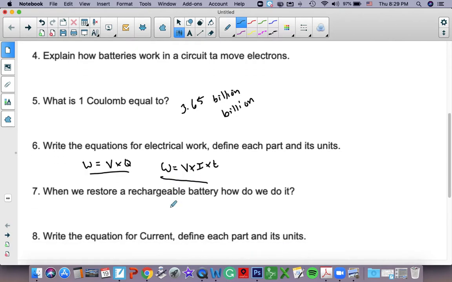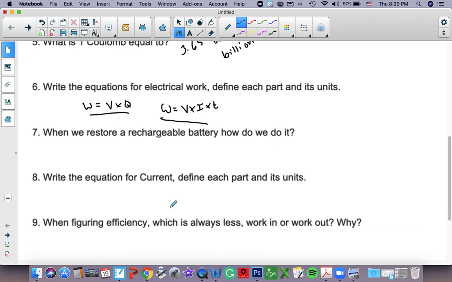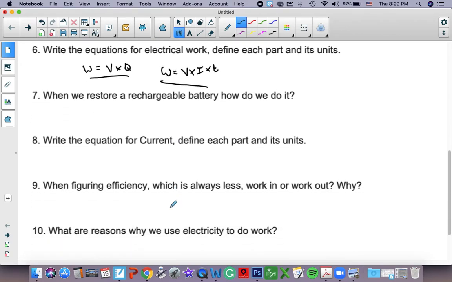All right, so let's jump to number 9. When figuring efficiency, which is always less, work in or work out? If we remember, it's work out over work in. So we always have an efficiency of less than 100%, which means our output is going to be less than the input.